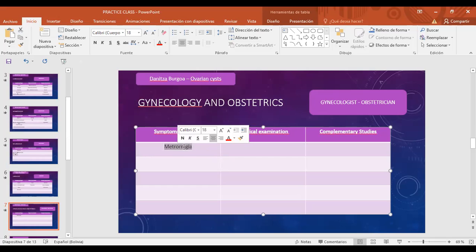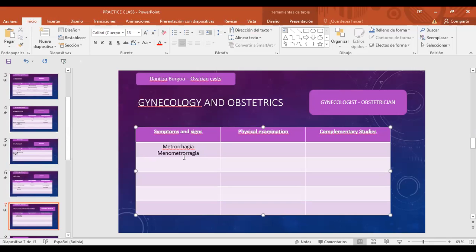In English, we would add an H between the R and the A, and it's called metrorrhagia, okay? This actually means irregular menstrual cycles. And what about this word? Did you ever read about this word, menometrorragia, in Spanish?